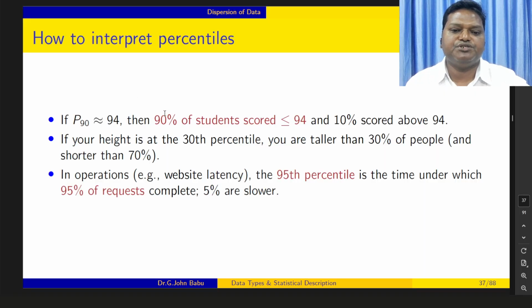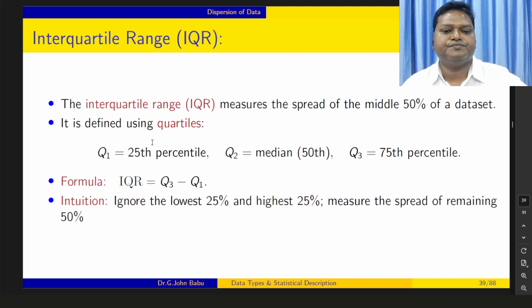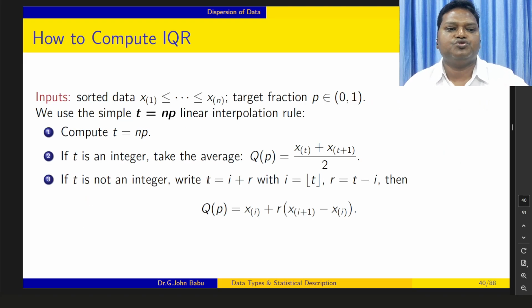That means 90% of students are below him and 10% students are above him. If you say 30 percentile, then if it is height, you are taller than 30% and shorter than the 70%. So the interquartile range is Q3 minus Q1.